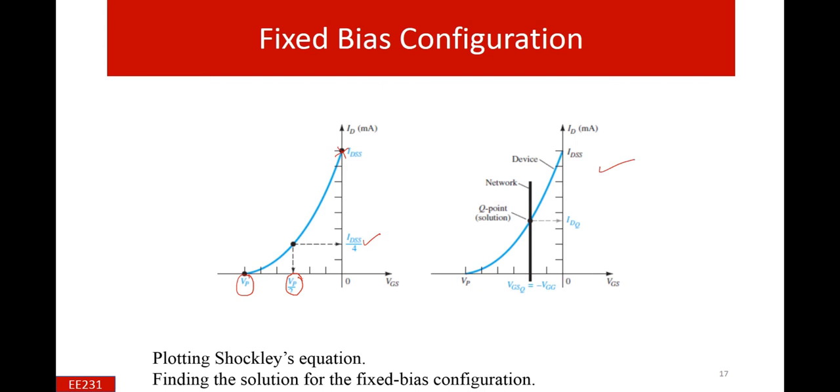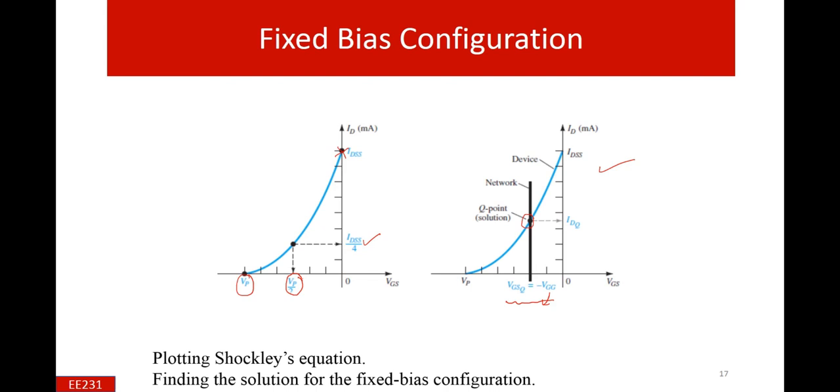If we are operating at VGS equal to some fixed value of minus VGG, this vertical line intersects the curve at this point. This is the Q point, as described in BJT type devices. This is the quiescent operating point.